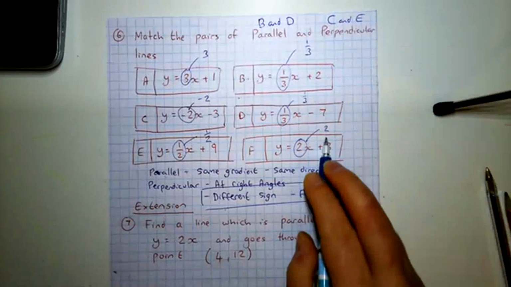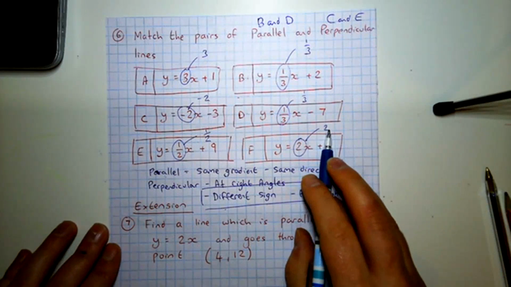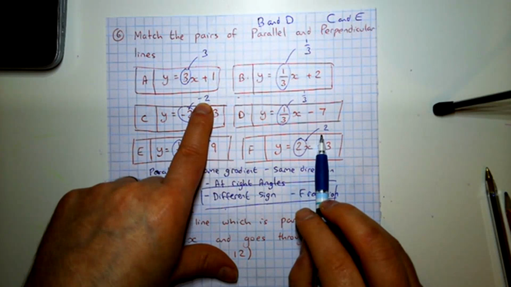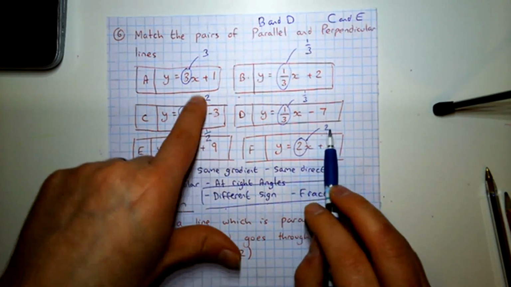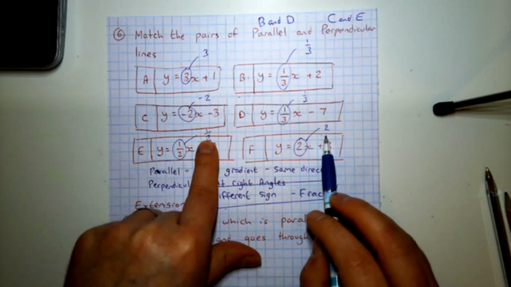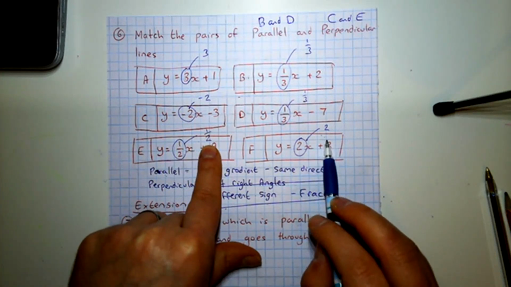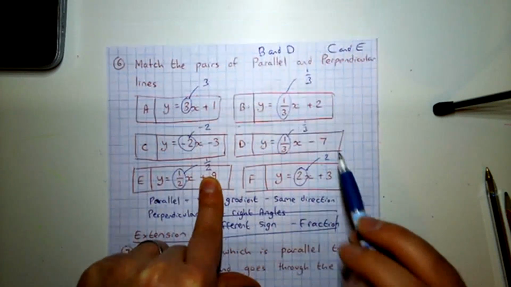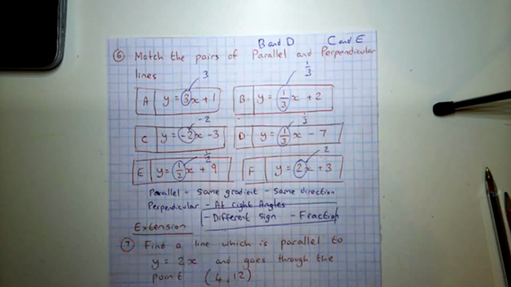And let's just check. 2 doesn't pair with anything because it's got different signs with C, but they're both whole numbers. They're not one a fraction, one a whole number. And they've got one a fraction, one a whole number with E, but they're the same sign, so we haven't got that. So there's my pairs.